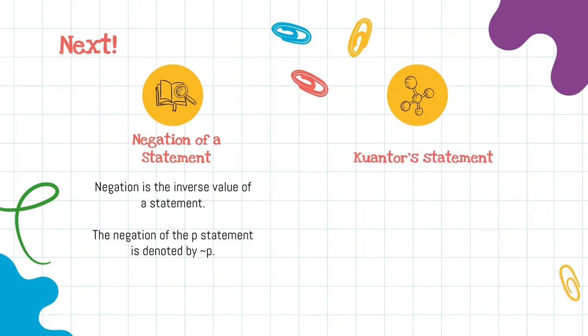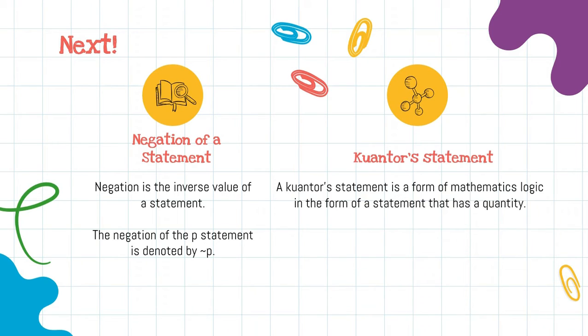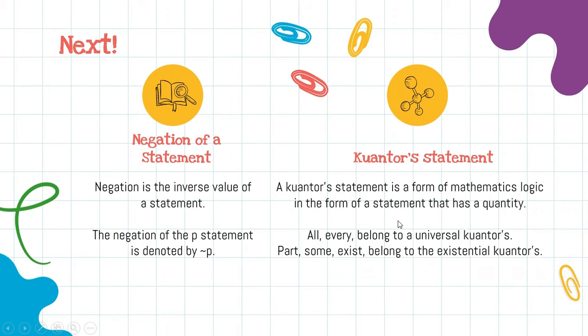Then, quantified statements. A quantified statement is a form of mathematics logic in the form of a statement that has a quantity. In a quantified statement, generally there are the words all, every, some, there exists, and part. Words like all and every belong to universal quantifiers, and words like part, some, and exist belong to existential quantifiers.